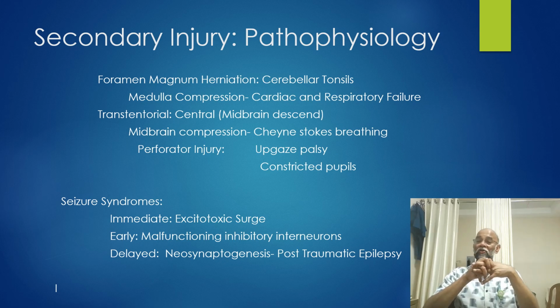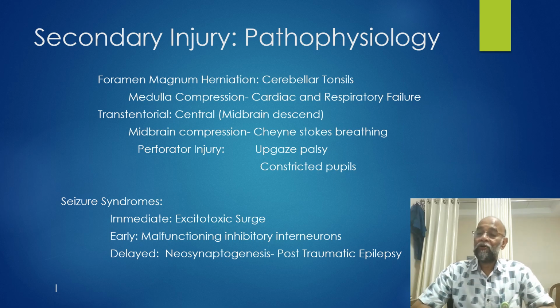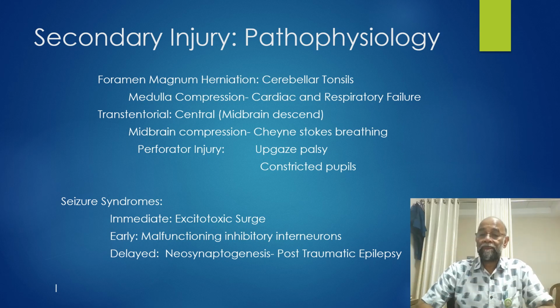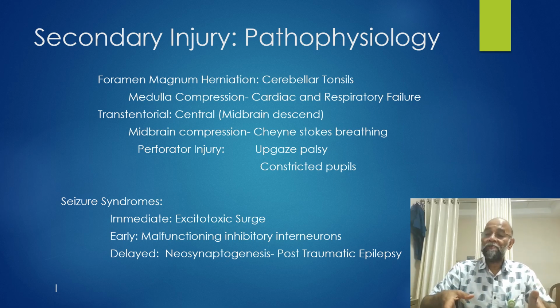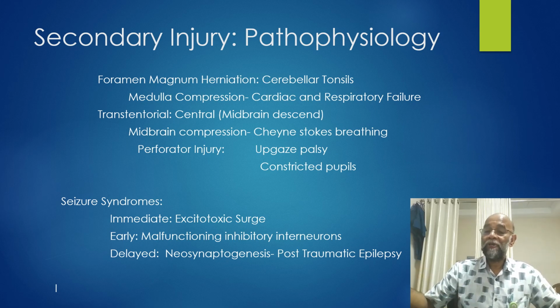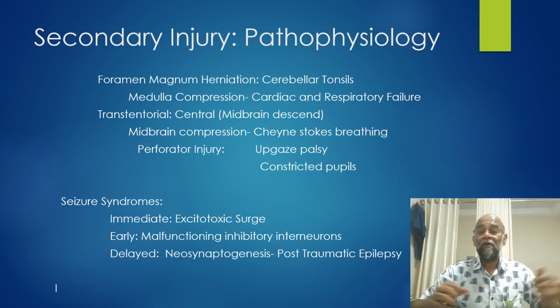Why do post-traumatic seizures occur? This is not fully proven, but immediate seizures are because of the excitotoxic surge. Early seizures occur because of a dysfunction of inhibitory interneurons, which normally prevent lateral spread of impulses.